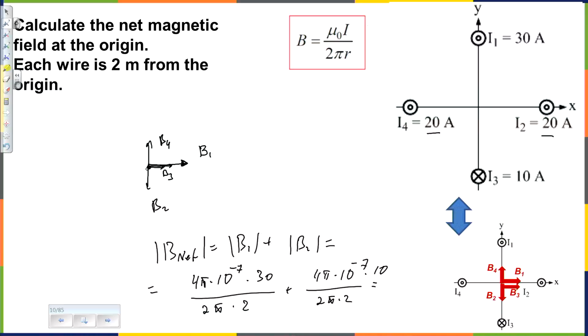Pi over pi, 4 over 2 times 2. So what's left is 30 plus 10, which is 40. 40 times 10 to the negative 7, 4 times 10 to the negative 6 Tesla. We could call it 4 micro Tesla.